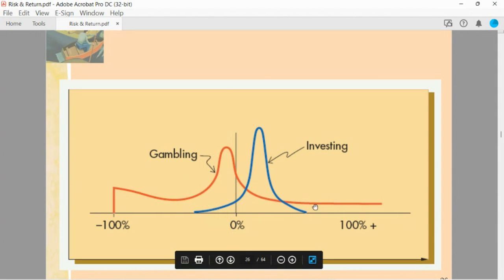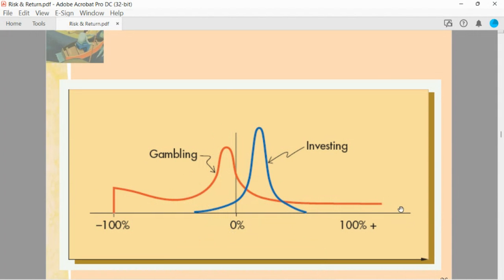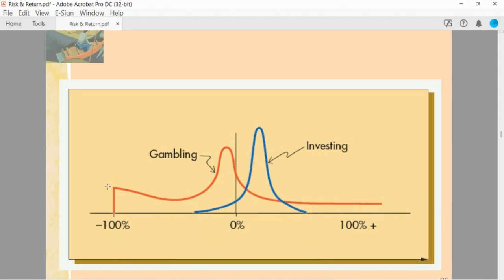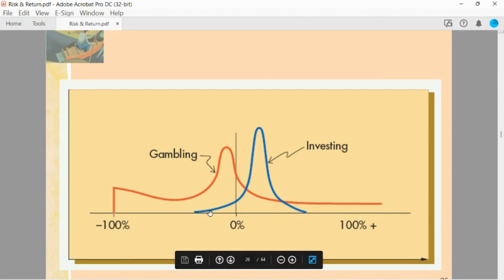But of course, you have a chance of ending up with even more than 100%. Maximum loss, yeah, you lose all, negative 100%, right? You can lose all. In investing, also you can lose all, but then it's really, really an outlier, right?